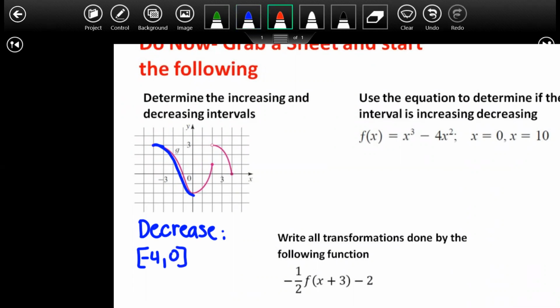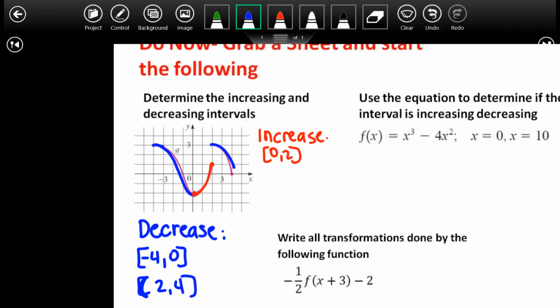And then we're going to have an increase from 0 to 2. And then we're going to have a decreasing again on our last interval from 2 to 4.